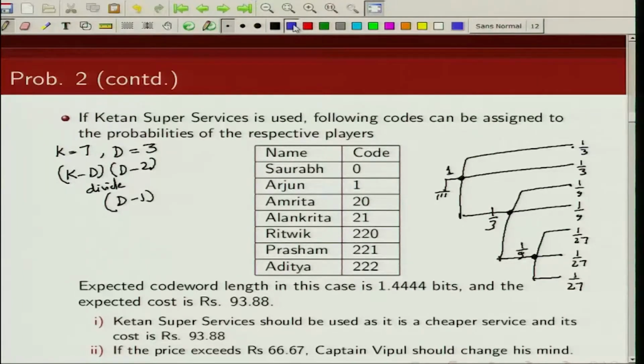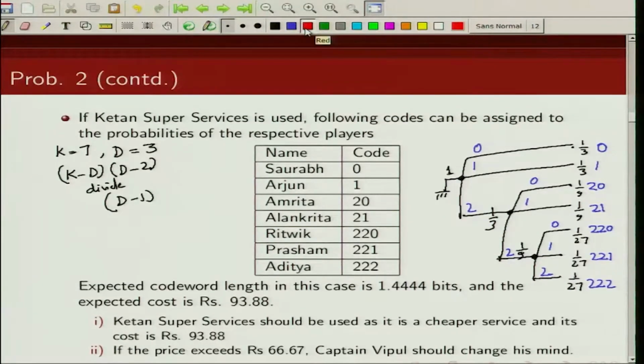And if we assign 0, 1, 2 to these branches, I get the code corresponding to this as 0, this as 1, this as 2 0, this as 2 1, this as 2 2 0, 2 2 1 and 2 2 2. So again I can find out the expected code word length using the path length lemma.